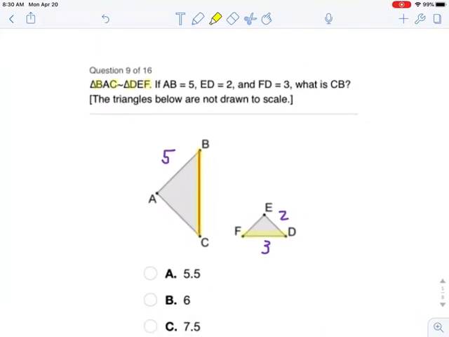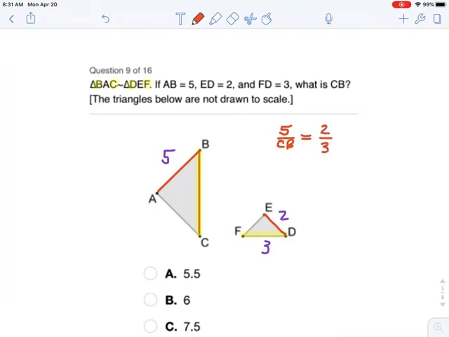So it's all about matching up corresponding parts. There's a few different variations of this ratio I could draw. Just one of them I can say, well, 5 over CB. What corresponds to 5? AB corresponds to ED. So I can say 5 over CB equals 2 over 3.